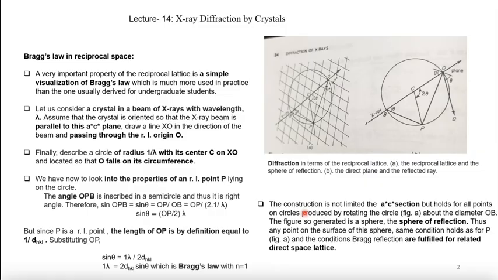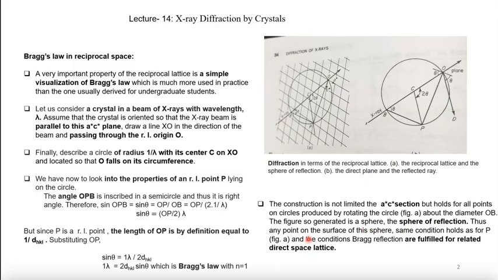This construction is not limited only to the A star C star section. It holds good for other reciprocal lattice points too, and that we can get by rotating this circle about the diameter OB. The figure so generated is a sphere, and that sphere we call the sphere of reflection.